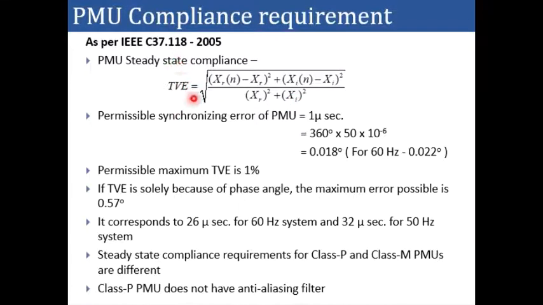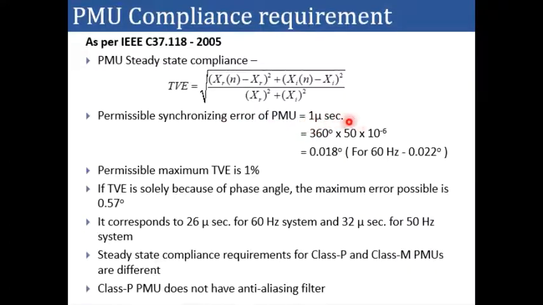So we can calculate the total vector error, and the maximum permissible value of total vector error is 1% as per the IEEE C37.118-2005 standard. Now the permissible synchronizing error in PMU is 1 microsecond.